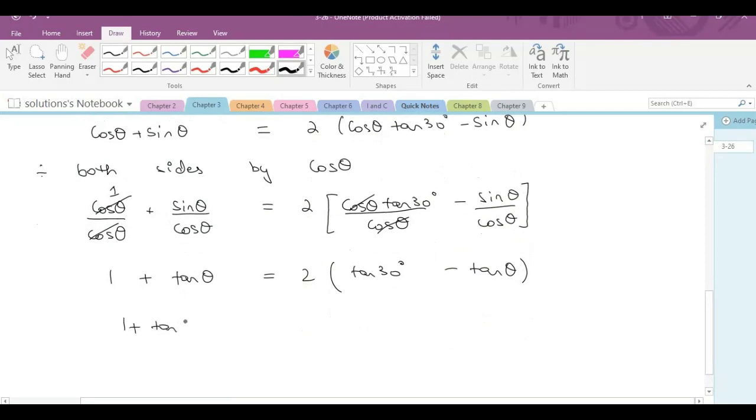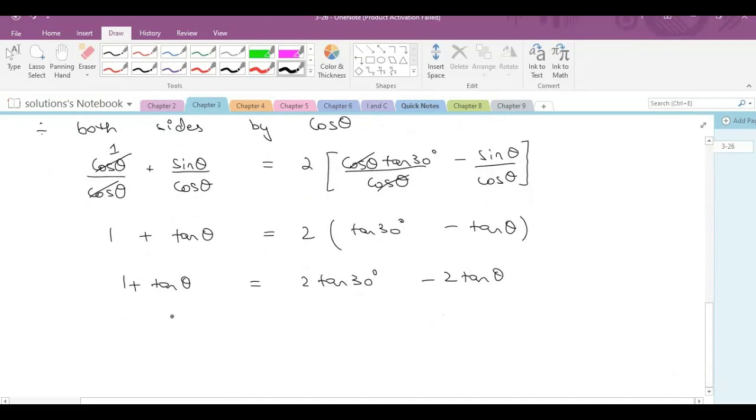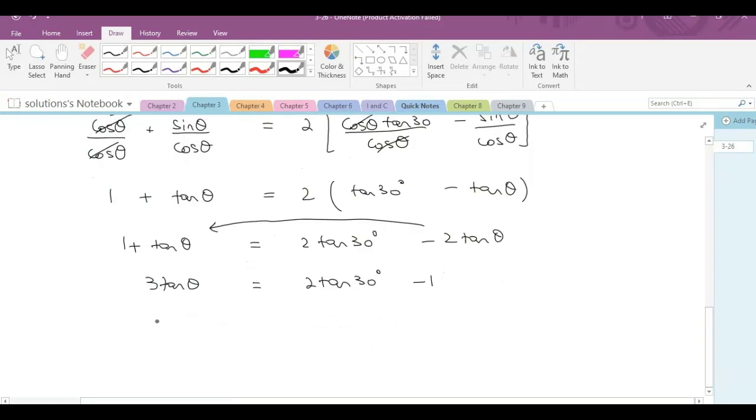Now we can easily solve it to find the theta. We have 1 plus tan theta equals to 2 tan 30 minus 2 tan theta. Upon the further simplifications, if I shift it to the other side, we have 3 tan theta is equals to 2 tan 30 minus 1, and then theta is equals to tan inverse of 2 tan 30 degrees minus 1 upon 3.